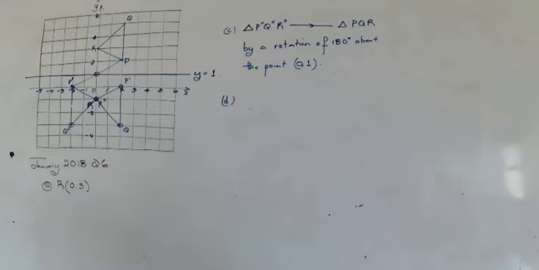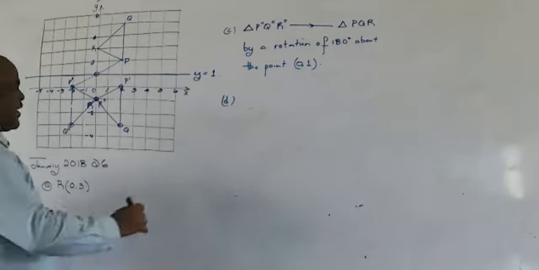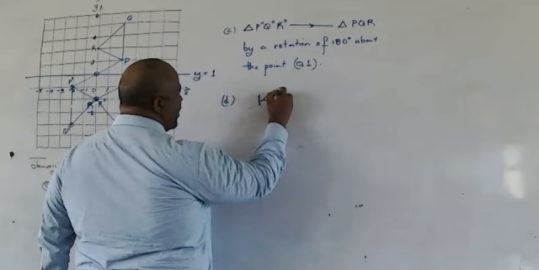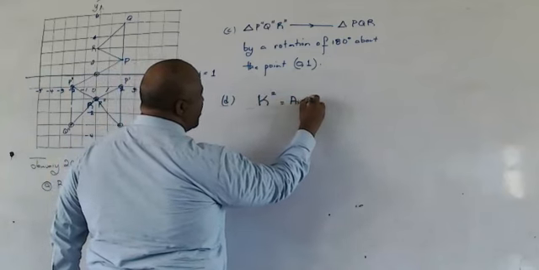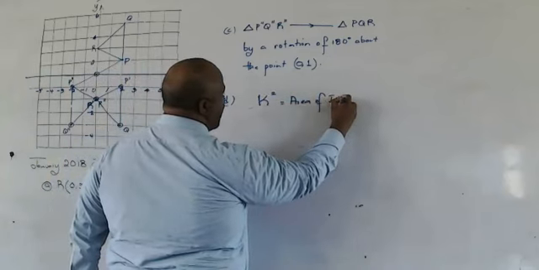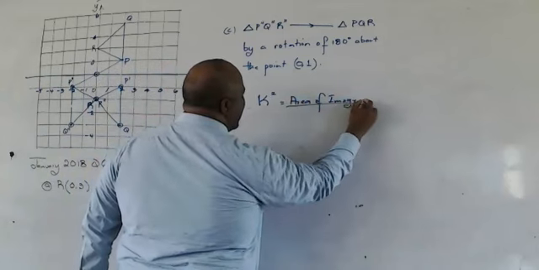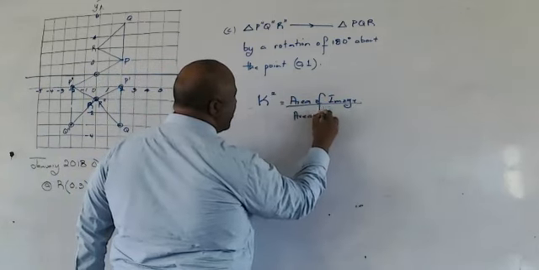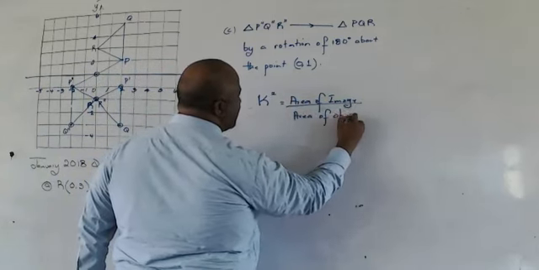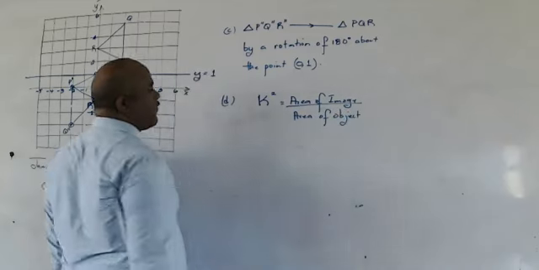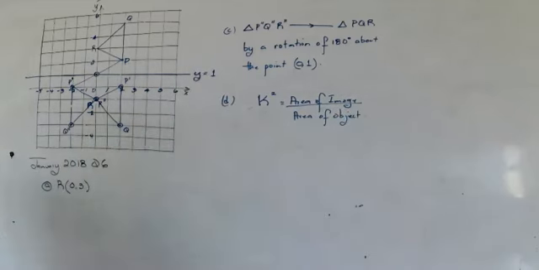Here's what I'm going to use. I'm going to use the fact that K squared is equal to the area of the image divided by the area of the object.